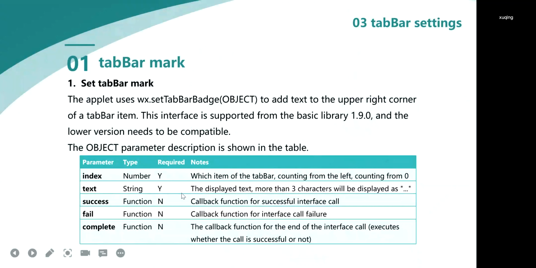And success is the callback function for successful interface call. Fail is the callback function for interface call failure, and complete is the callback function for the end of the interface call. It executes whether the call is successful or not. So you see we have this description of these 5 parameters.